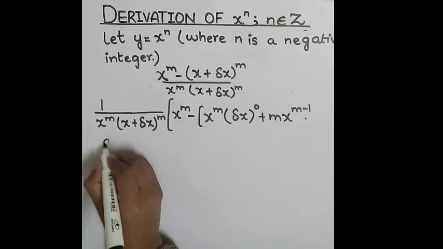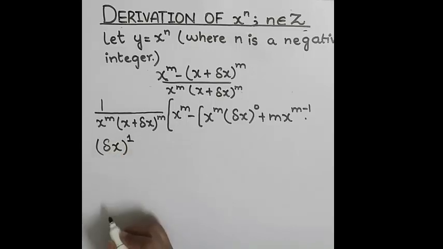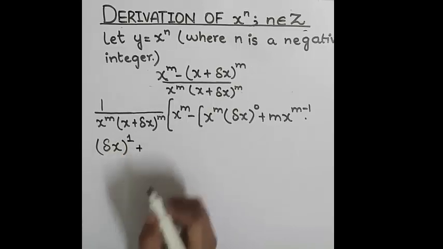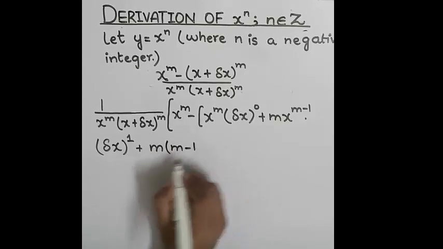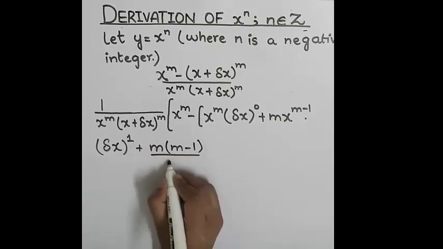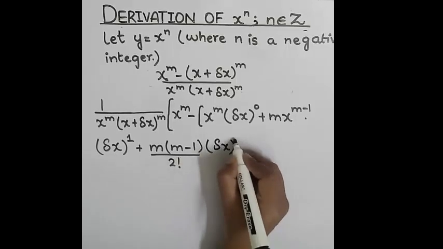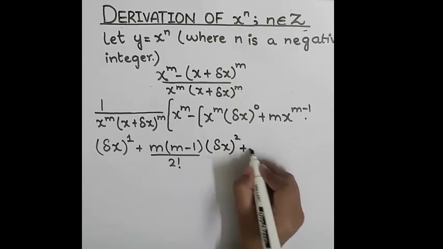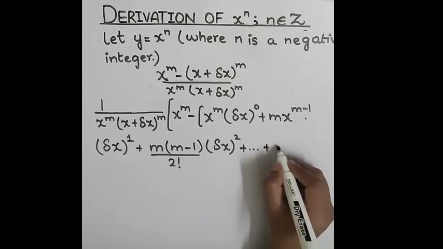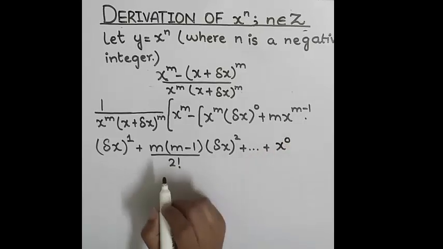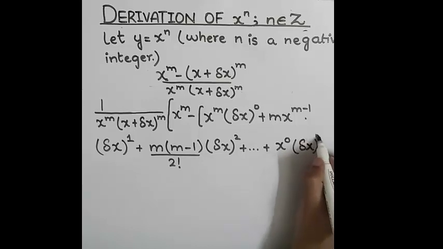Next we expand it: x raised to power m, plus m x raised to power m minus 1 into delta x raised to power 1, plus m into m minus 1 over 2 factorial into delta x square, and so on, and in the last we will get x raised to power 0 and delta x raised to the greatest power m.